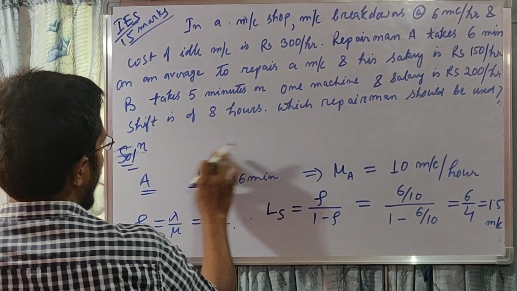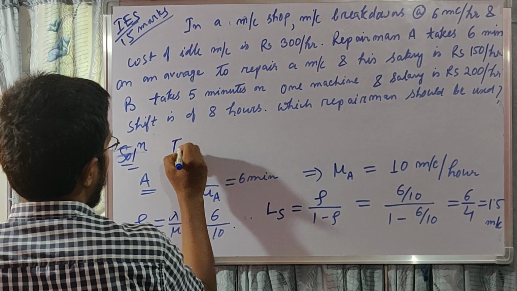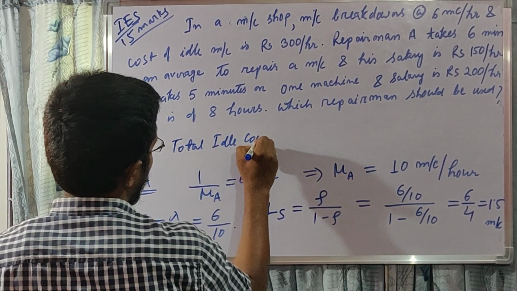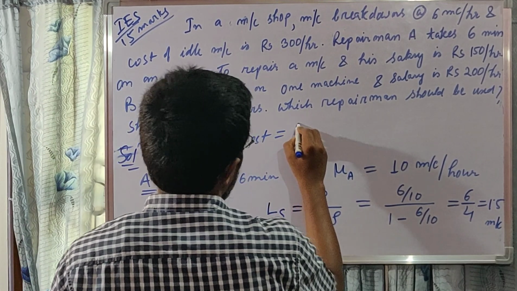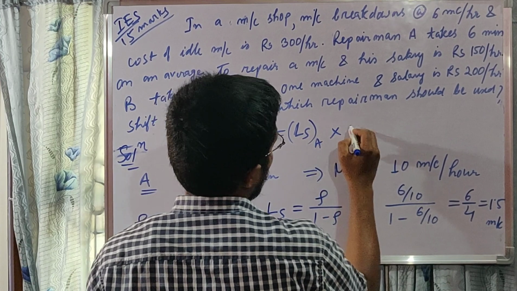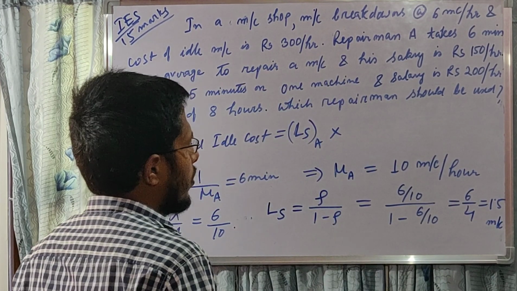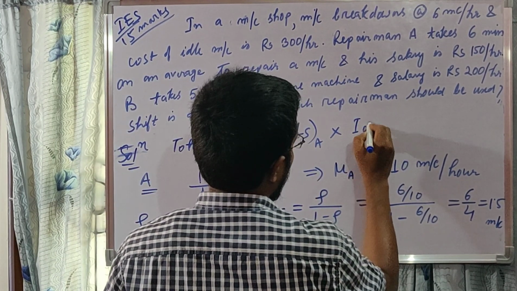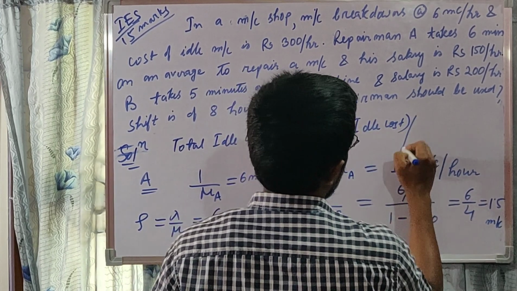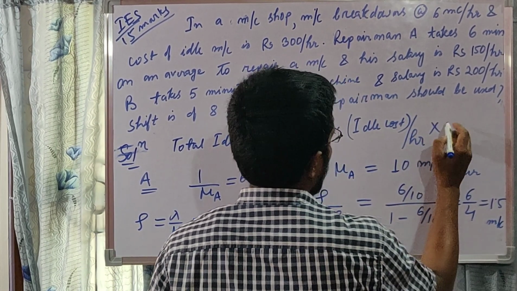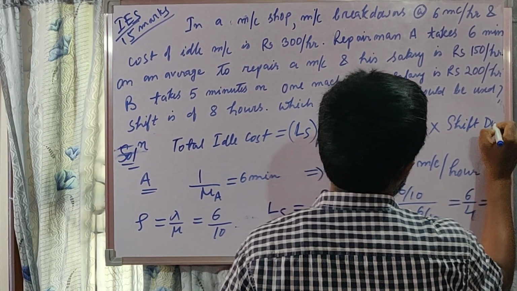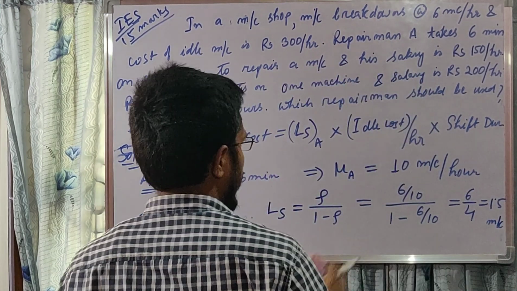Now what will be the total idle cost if A is working? Length of the system for A, multiplied by idle cost per hour, into shift duration.